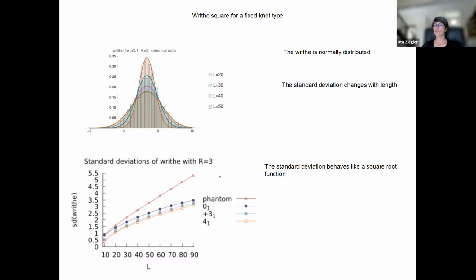So if we're looking at the square of this, we get a square function for the phantom, and we get a linear function for the individual knot types. Because there's more variability, it basically ends up changing what we see.